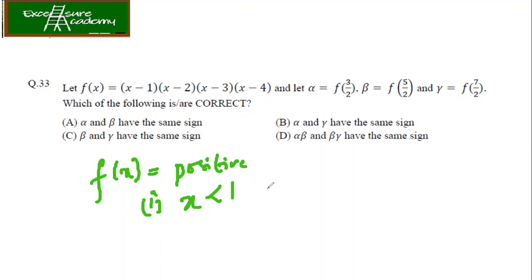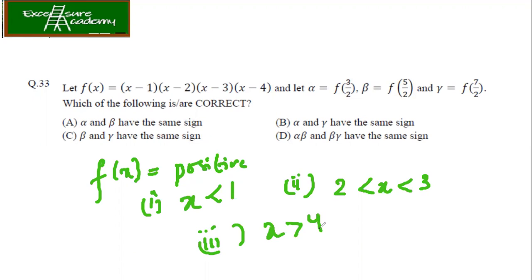Then you have the second condition, when x is between 2 and 3. The third condition is when you have x greater than 4. So from these factors you can identify that f of x is going to be positive only when these conditions are satisfied. Now let's see what the signs of alpha, beta and gamma are.